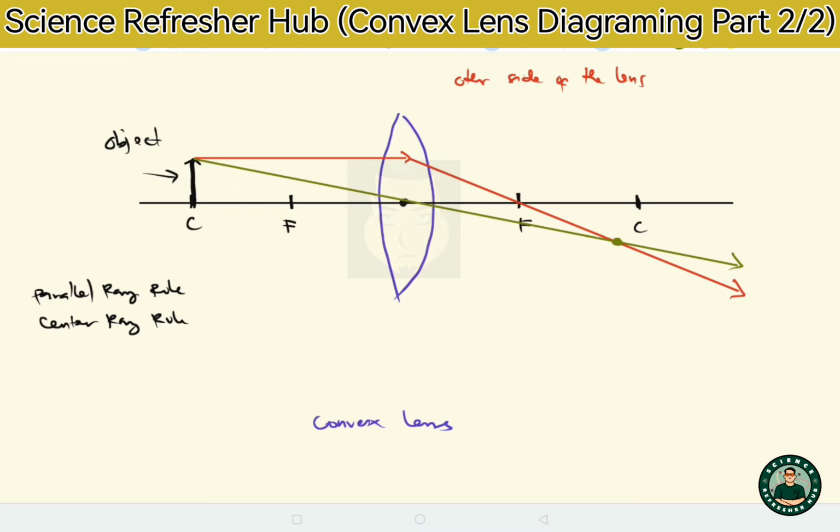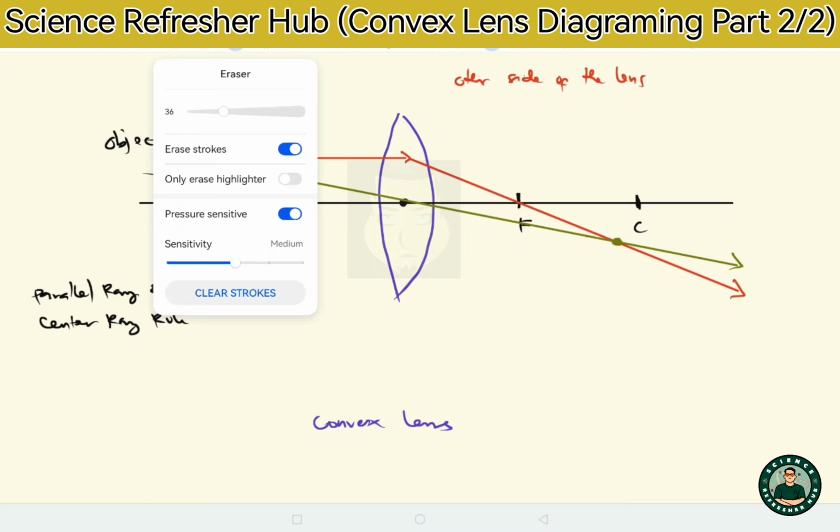But always remember, when the object is at C, the image will be formed at C on the other side of the lens. But my drawing is not perfect because I just constructed it without rulers or protractor. So maybe I can change it.